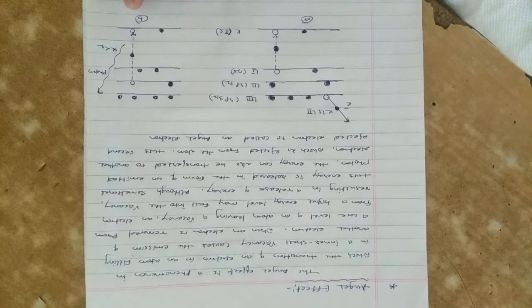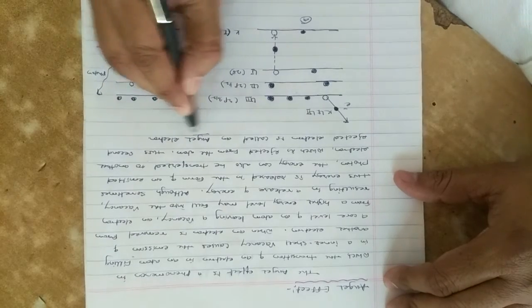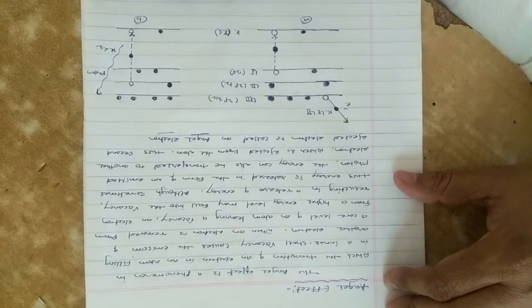The energy can also be transferred to another electron which is ejected from the atom. This second ejected electron is called an Auger electron.